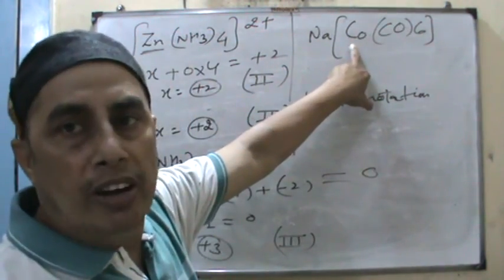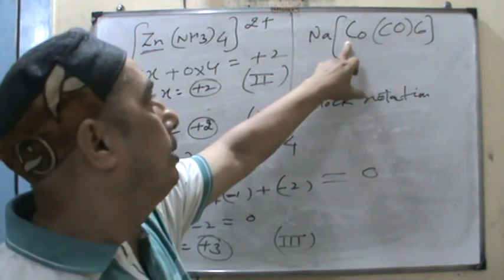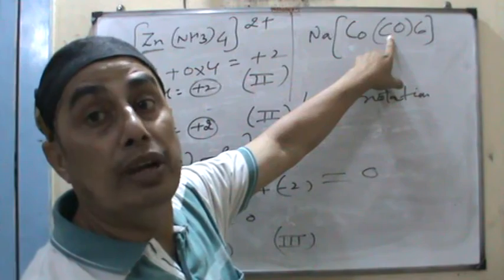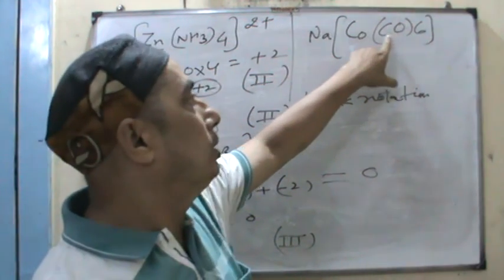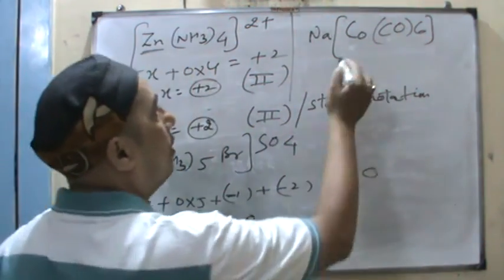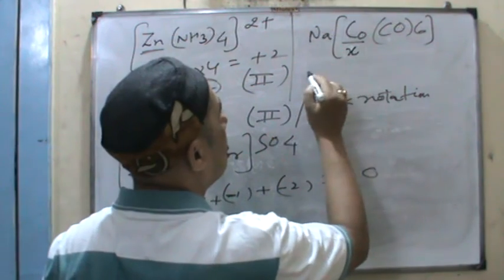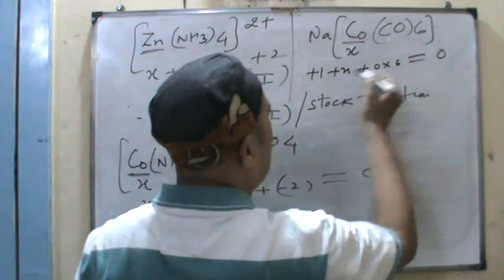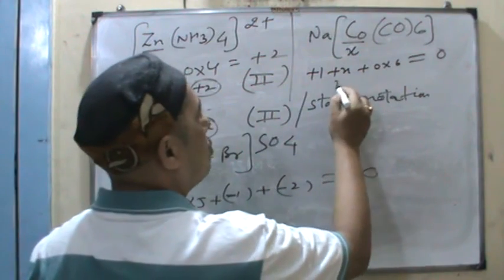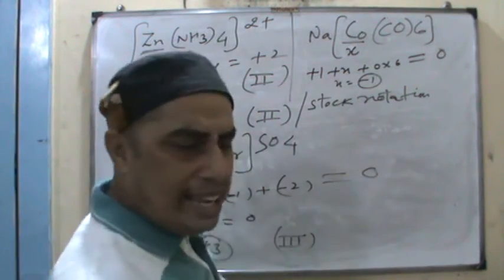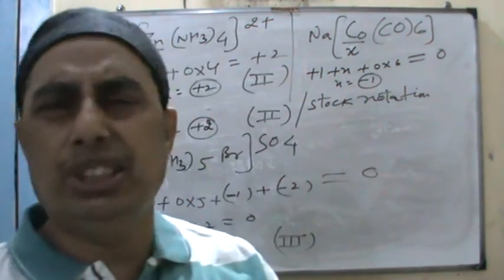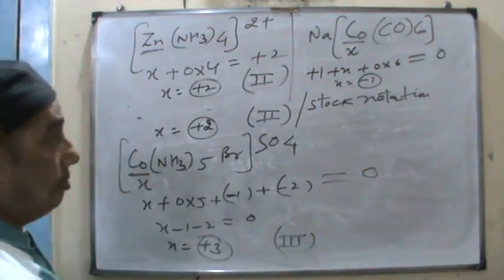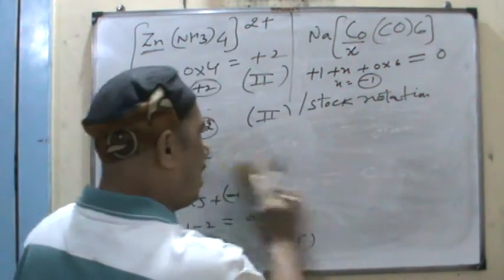This is cobalt, the central metal atom. Carbon is big, oxygen small, it is carbon monoxide, but here you say carbonyl, CO, both capital. Therefore take cobalt as X, sodium +1 +X +0 into 4 equal to 0, because carbonyl is a neutral ligand, so X is equal to -1. So you will get minus very rarely, the rarest of the rare examples, otherwise it is not minus. If it is minus, then you can put a -1 sign, or sometimes it may be 0.